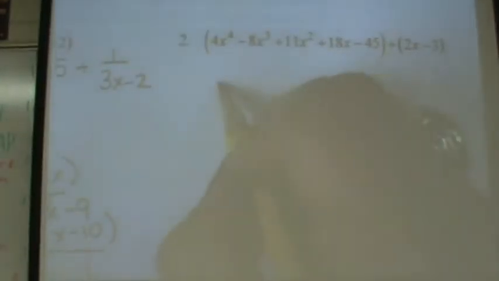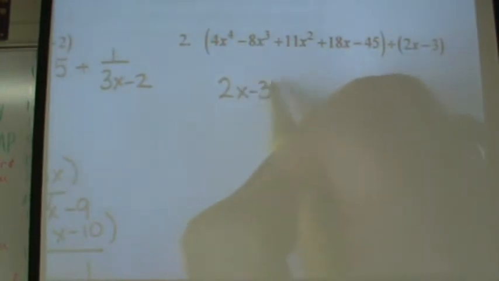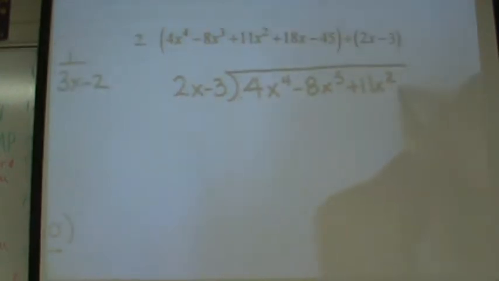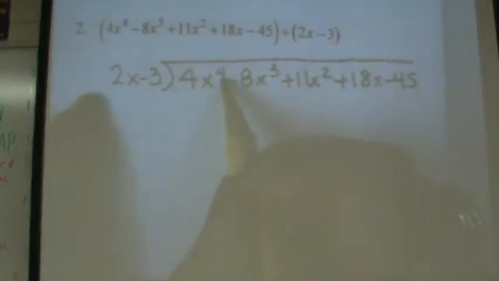Number 2. This one we're going to do 2x minus 3 as your divisor, and 4x to the 4th minus 8x cubed plus 11x squared plus 18x minus 45. So we need to first get rid of 4x to the 4th.